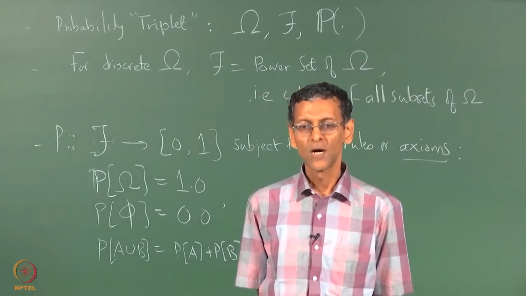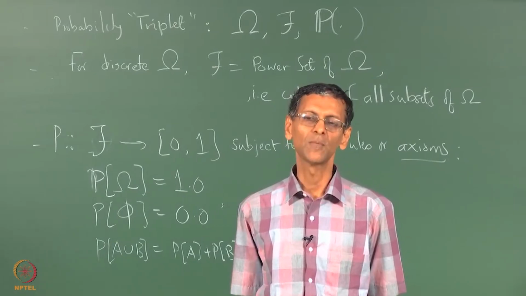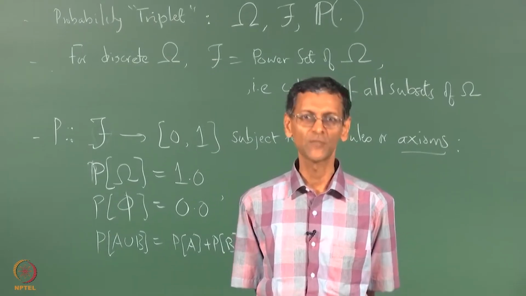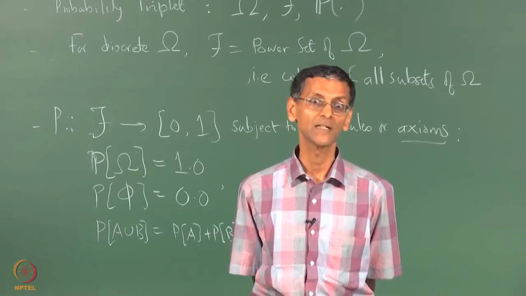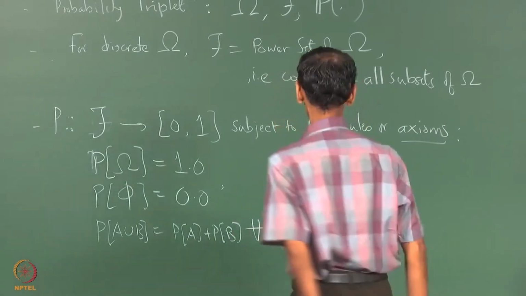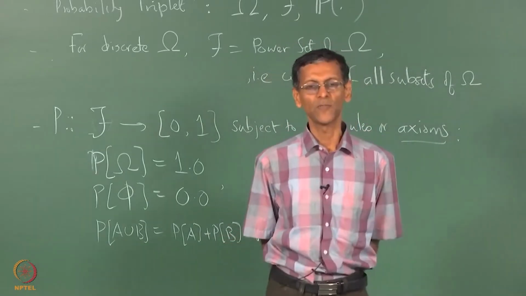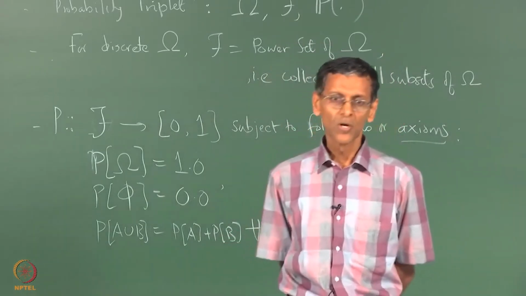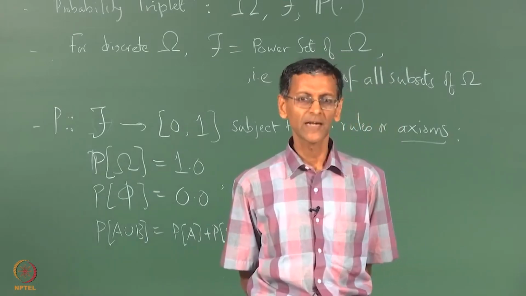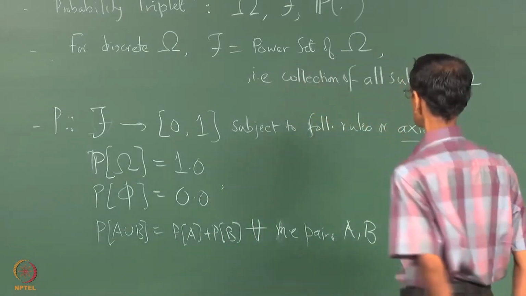If you have any doubt about what an axiom is, you can think of it as a rule; you do not question it basically. So this pairwise additivity axiom obviously extends to any finite collection of mutually exclusive subsets.